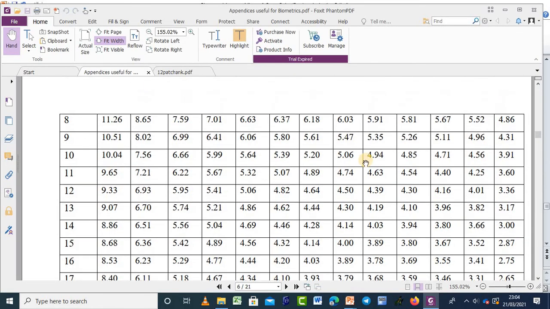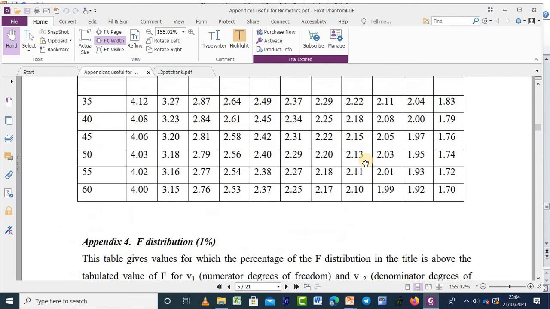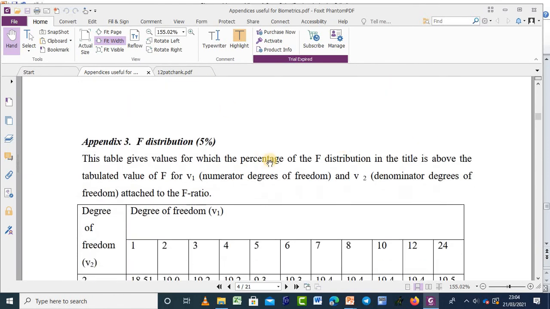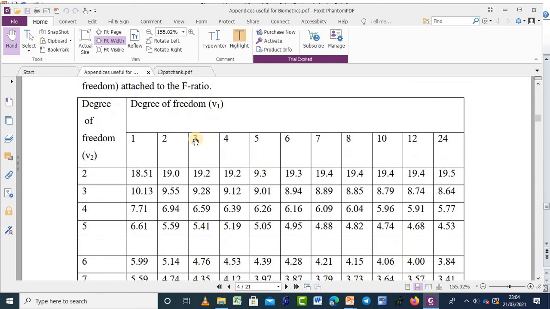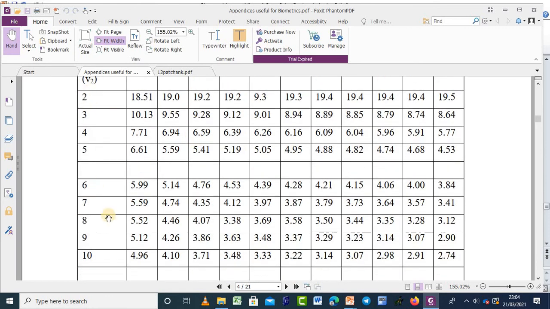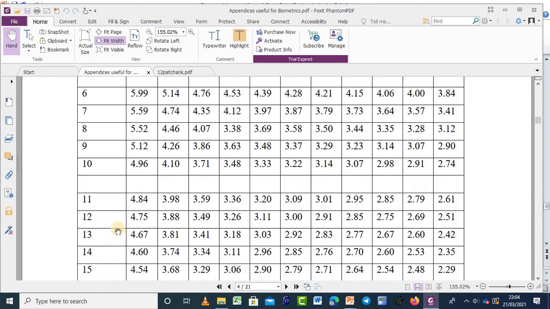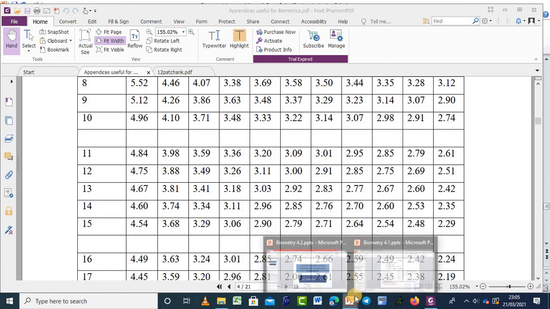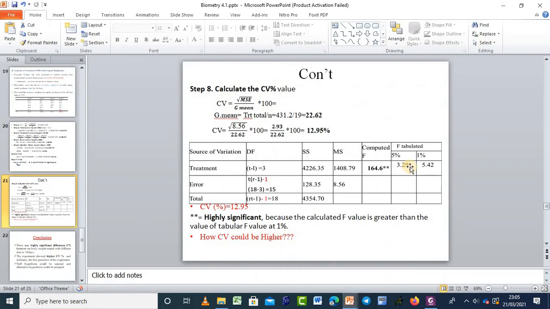Similarly, we can find it at 5% of the F distribution table, the 5% significance level. Here are the treatment degree of freedom and the error degree of freedom downward. Then 15, 3, the value is 3.29.